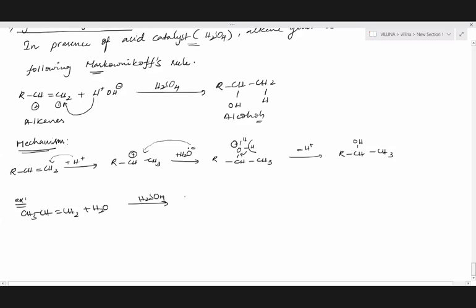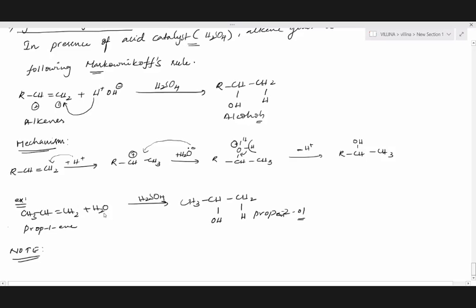Yes, simple. It will be 2-propanol, because the hydrogen adds to the primary carbon and OH adds to the secondary carbon. So from propene, again we are getting propan-2-ol. Propan-2-ol.